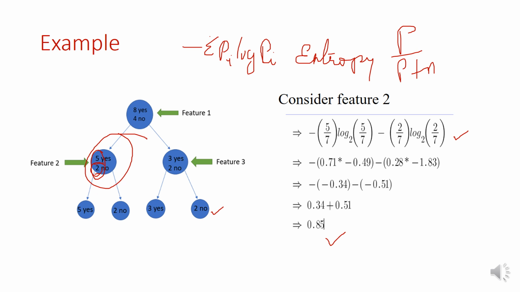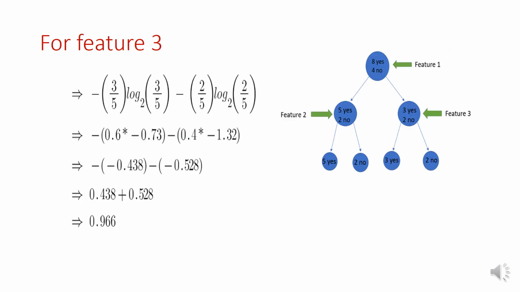That is, entropy is equal to minus p divided by p plus n log p by p plus n, minus n divided by p plus n log n by p plus n, where the negative instances term also has a minus. So that is the formula we follow to calculate the entropy, and it is common for all the entropy calculations.